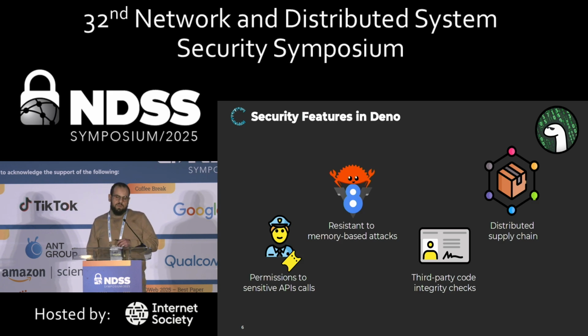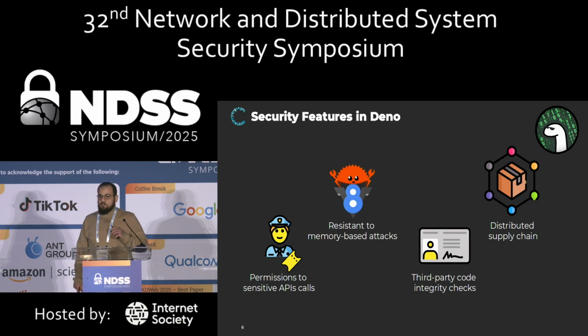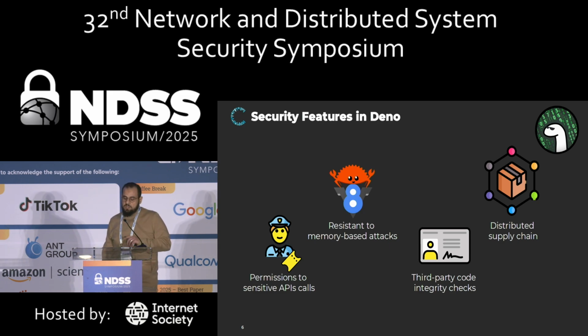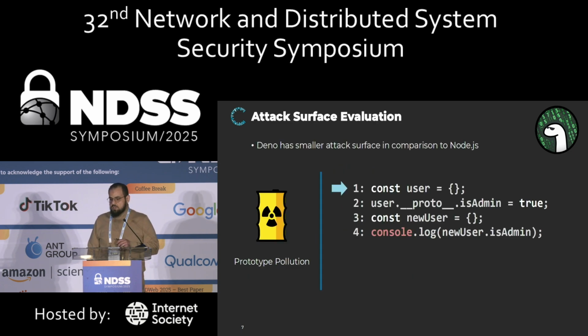To examine those features, we studied 12 years of papers, from the time of the study back to 12 years before that, related to Node.js, NPM, and the related risks, and we came across some results.